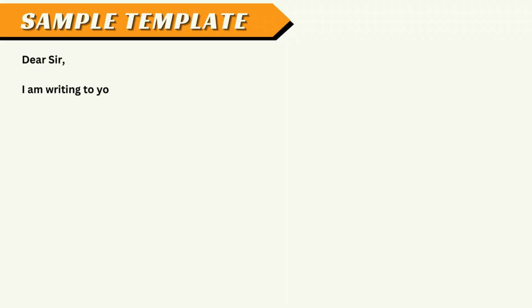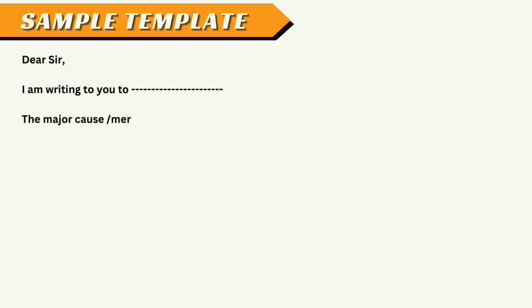So having talked about drafting an email without a template, now let me talk to those people who are interested in getting a template. So here is a template for all those who would like to go for a template. As you can see on the screen, you can write a salutation, dear sir, I am writing to you to, and then you can have the purpose of the letter.